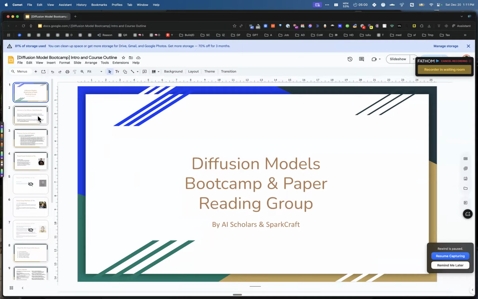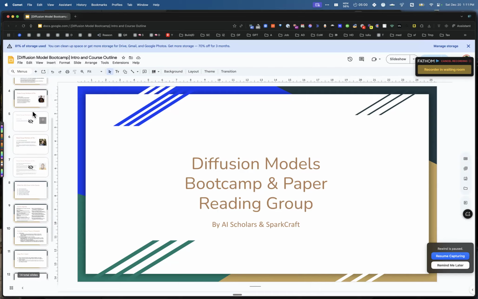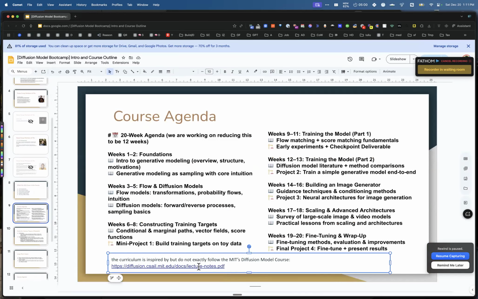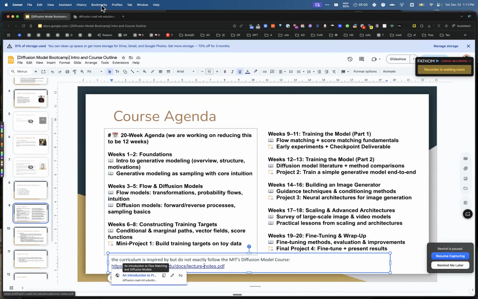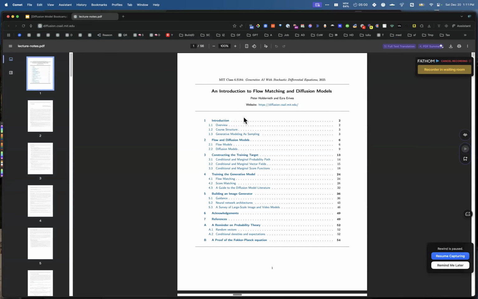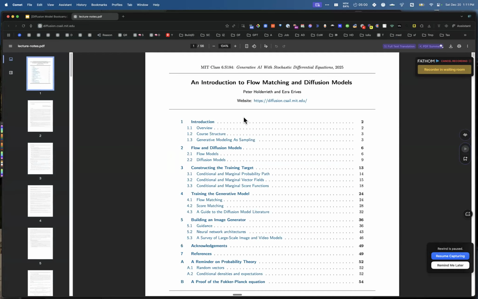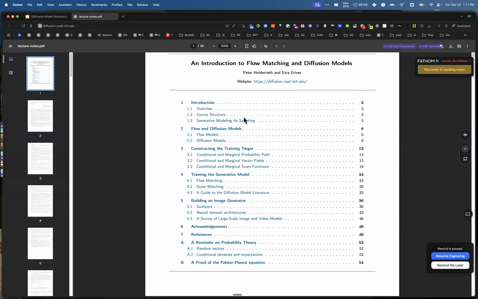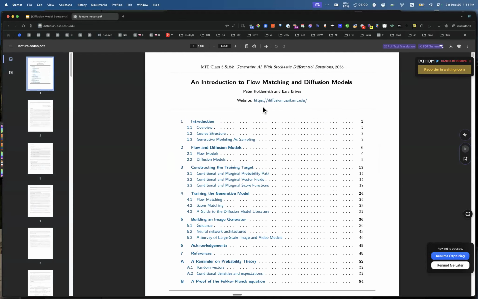The paper reading group is something we meet for once per month. Previously it was 5 months, and now we are thinking about turning it into a 3-month program that goes through MIT's diffusion model and flow matching course. It's one of the world's best courses on diffusion models, and they just started. We are going through their 2025 course syllabus and course notes.